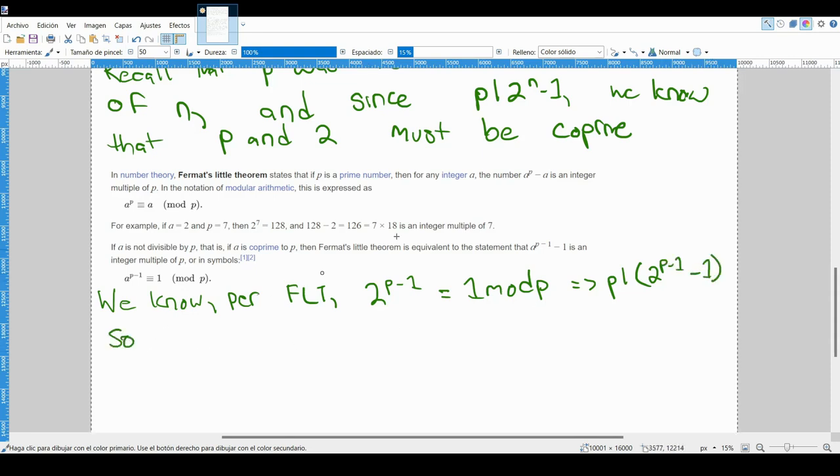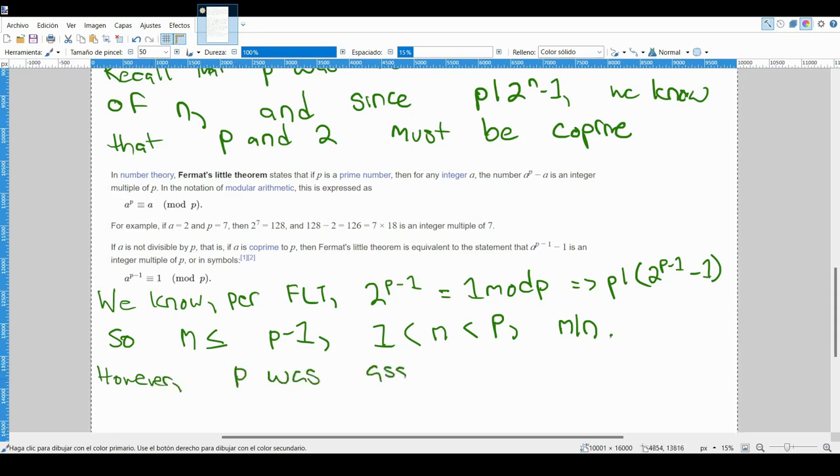So, since m is the smallest value satisfying p divides 2 to the m minus 1, we know that m must be less than or equal to p minus 1, and then we know that 1 is less than m, which is less than p, and that m divides n. However, p was assumed to be the lowest prime divisor.